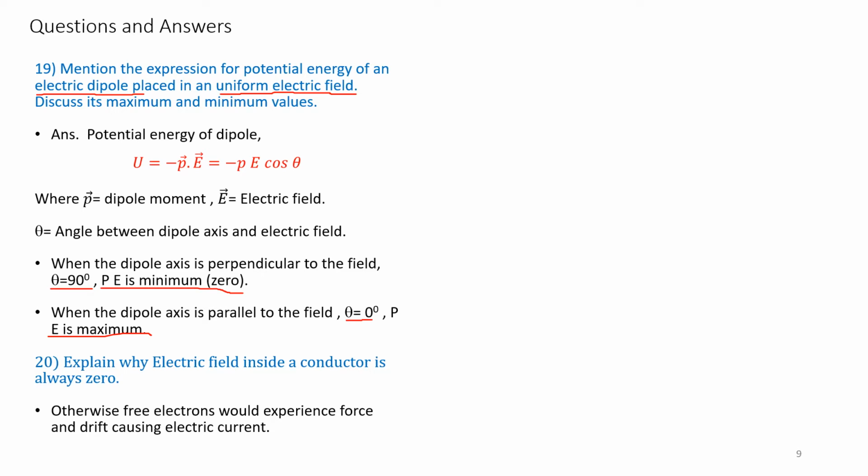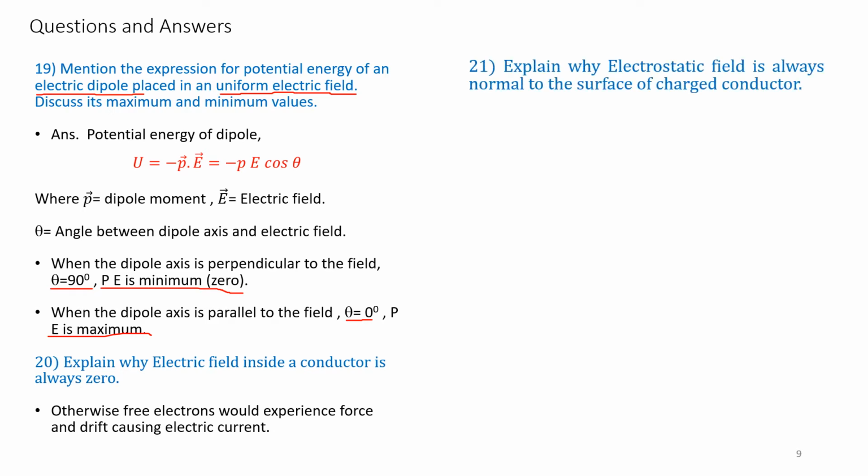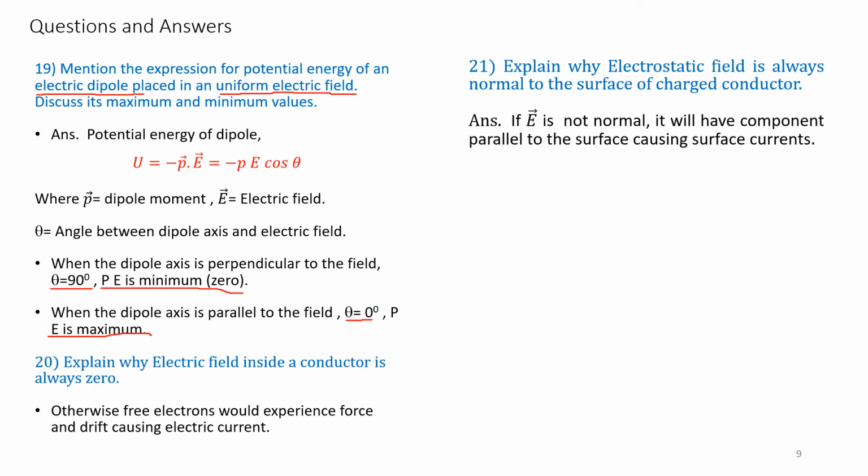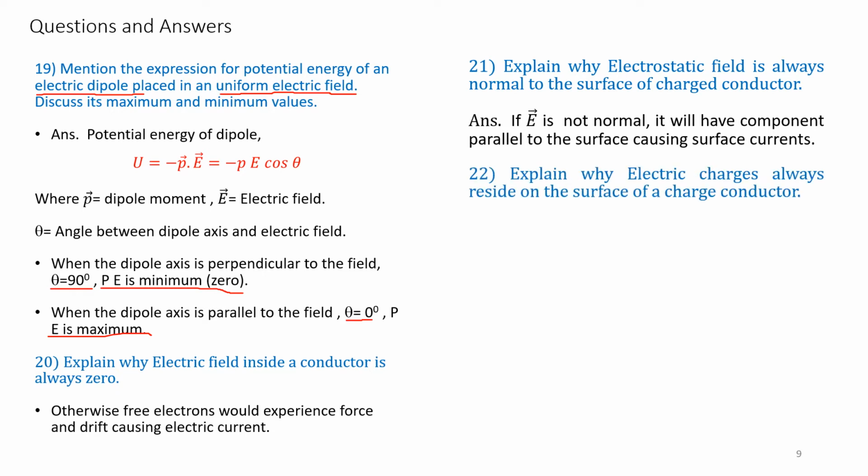So inside the conductor there should not be any flow of electrons. The charge is only on the surface of the conductor. Question number 21. Explain why electrostatic field is always normal to the surface of the charged conductor. Answer. If E is not normal, it will have a component parallel to the surface, causing surface currents.